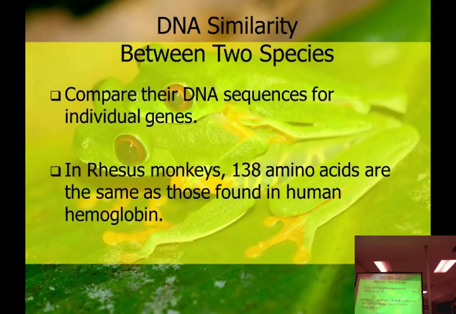So our blood is very similar to the blood of a rhesus monkey because we have 138 amino acids in common. And we could look at the amino acids of any species to figure out how closely related we are or they are to other types of members of their same species.